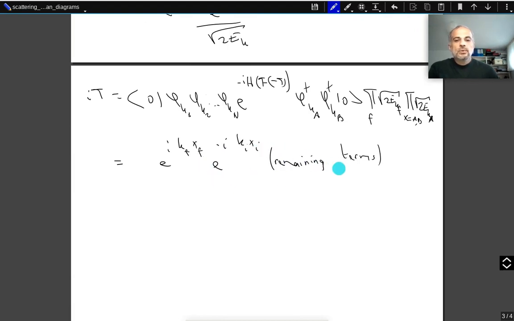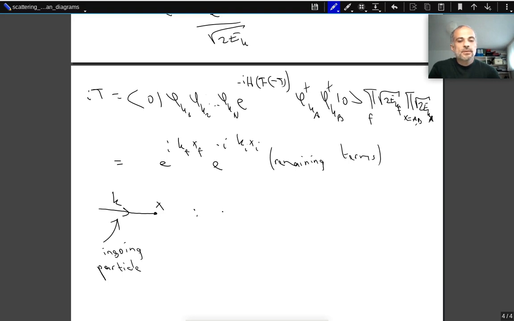So essentially we can augment our earlier Feynman rules by saying that if we have an ingoing particle with a momentum k_i, let me just show it by an arrow, it's an ingoing particle connecting to a vertex at the point x.